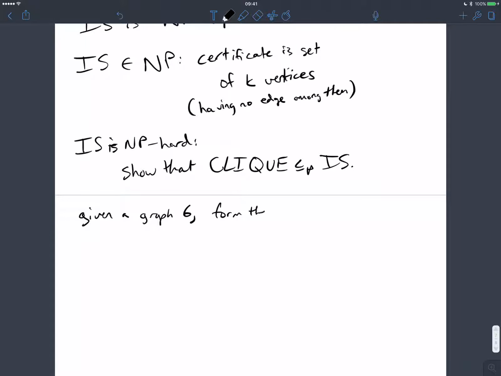Form the complement graph. We'll call it G bar, which is the complement of the edges of G.